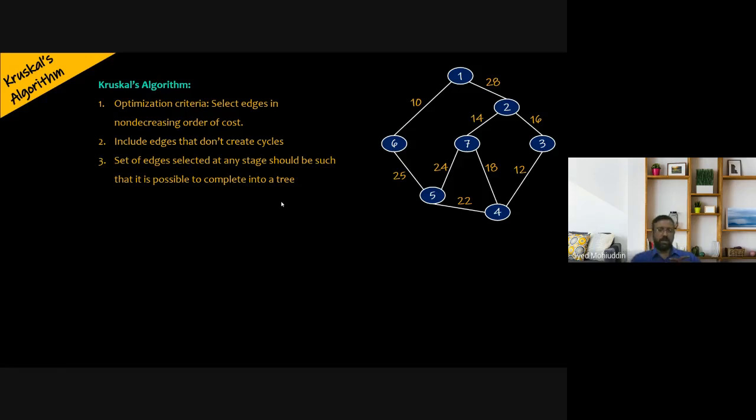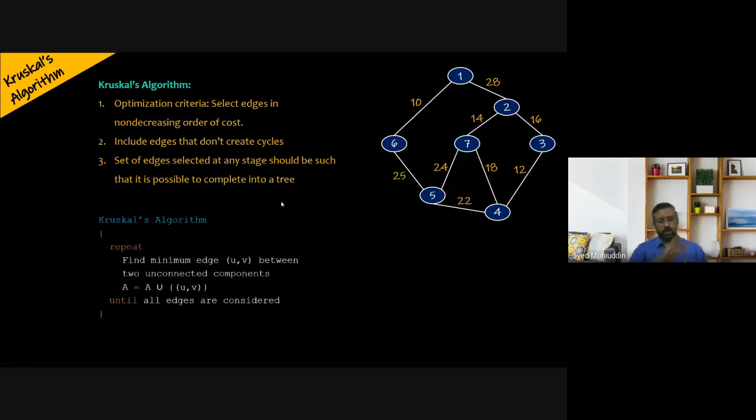And the third point is that the edges which are selected so far at any stage should lead to a possibility that a tree will be constructed. You are going to understand this third point when we look at how this works.